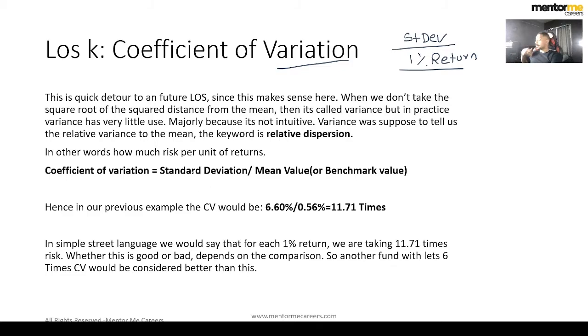Actually, it's a risk to return ratio rather than a dispersion metric. So an example is if you got 6.6 as the standard deviation, and if you divide it by the mean, then all you are saying is my risk is 11.71 times the return that I'm getting. That is what the coefficient of variation is.